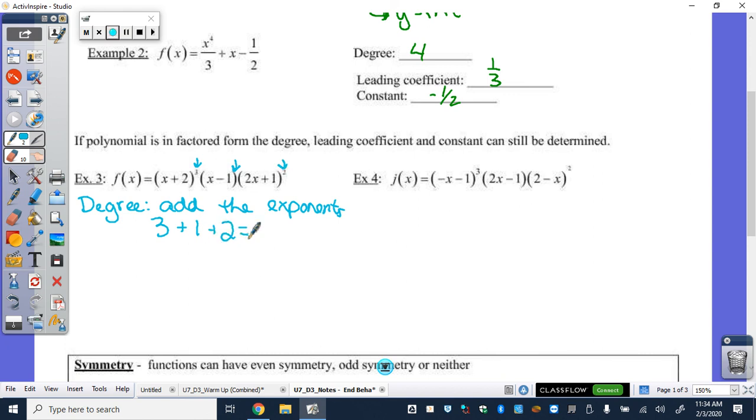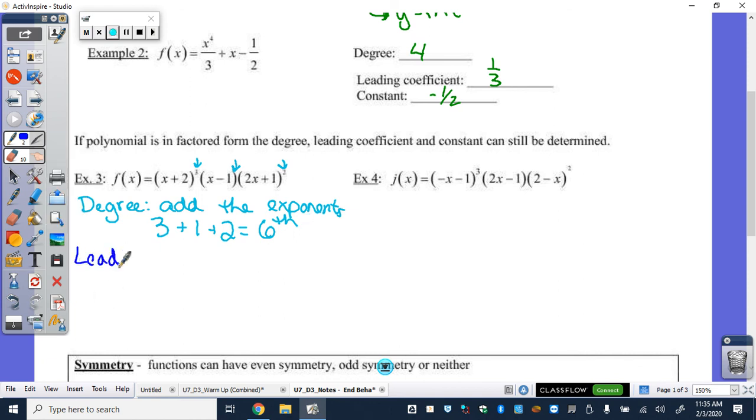So we add 3 plus 1 plus 2, so that makes this a 6th degree polynomial. Now, if you did have exponents inside the parentheses, you would have to take those into consideration also, but these ones were all exponents to the first power, so the ones on the inside didn't matter. It was just those ones on the outside.